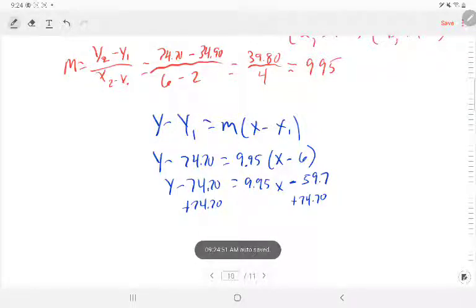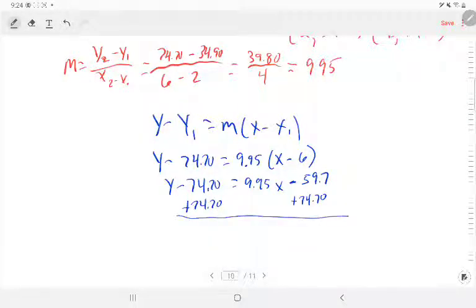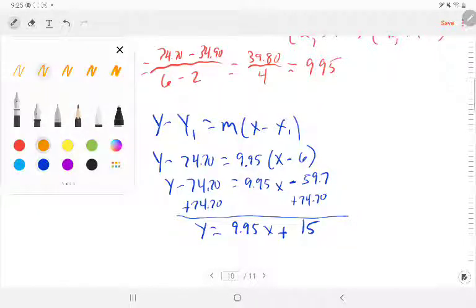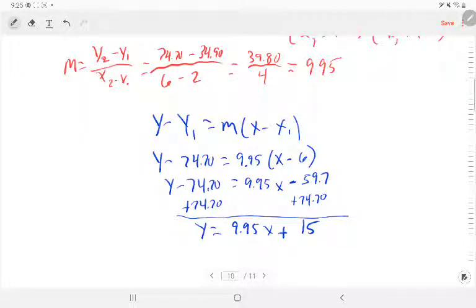I initially just subtracted, but you need to multiply. Okay? All right. And that's going to give me y equals 9.95x plus 15. Then all I simply have to do, let's change color again, is plug in 10 to solve it.